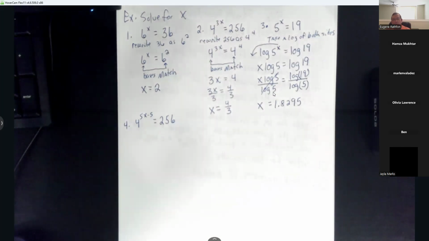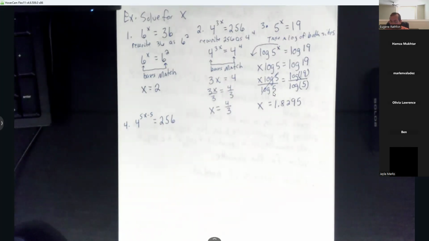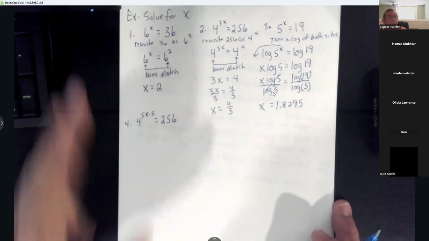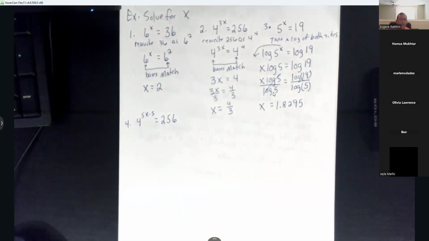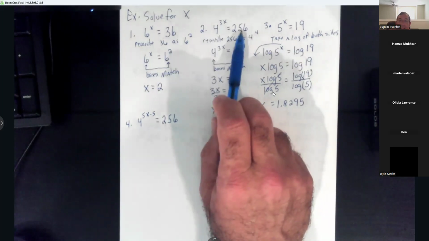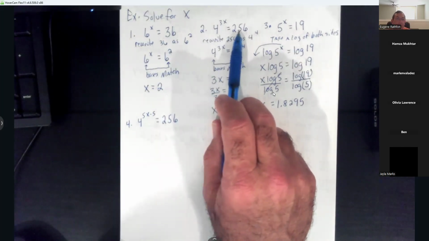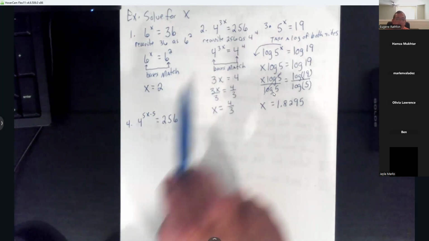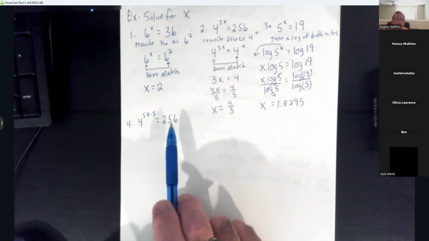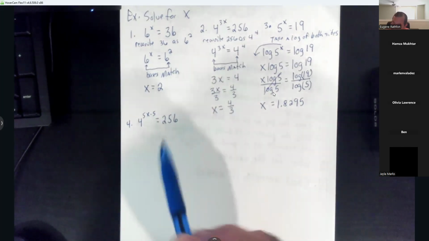So my first question would be, can I rewrite each side of this using the same base? And y'all, we know we can on that because we had 256 up here and we were able to write it as 4 to the fourth. So that means I got a base 4 here. I can definitely rewrite this, okay?